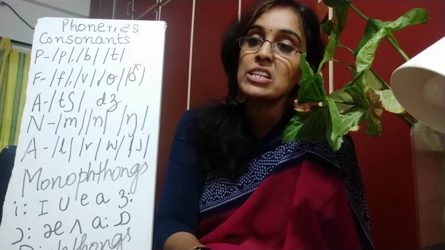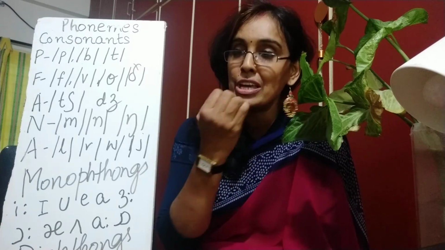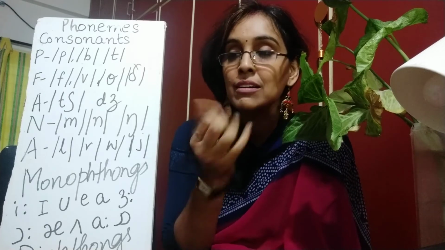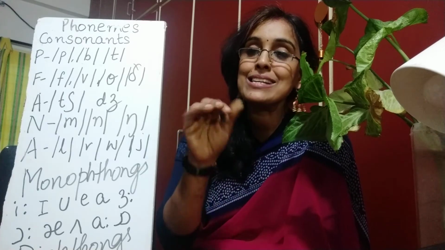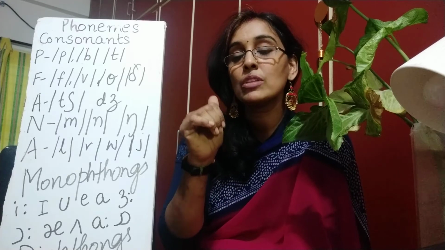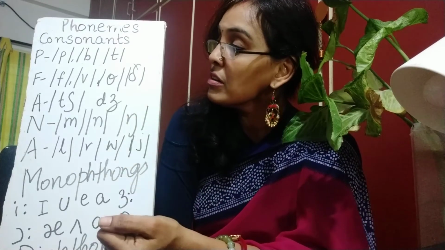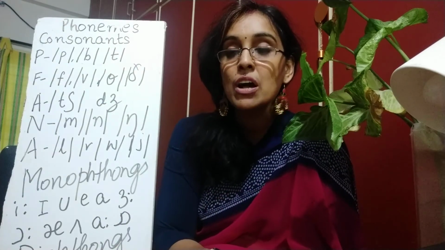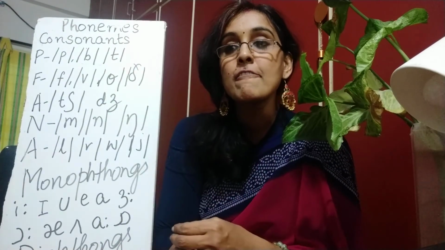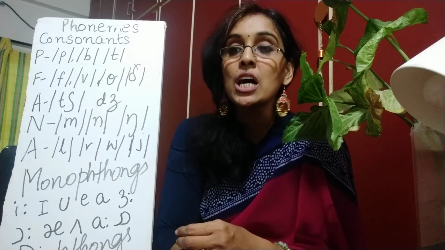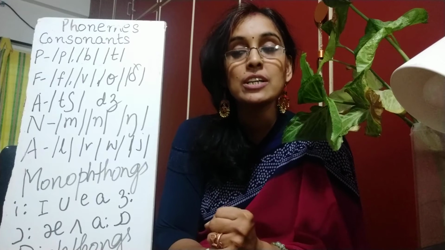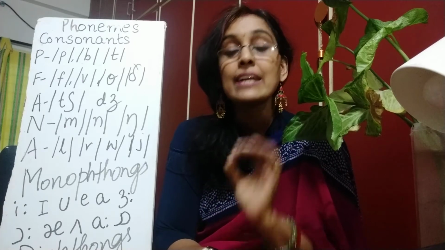The next kind are fricatives. Fricatives are similar to plosives. We stop the sound and then release it, but it is done partially. The sounds produced with fricatives are f, v, th, dh, s, z, sh, zh, and h.